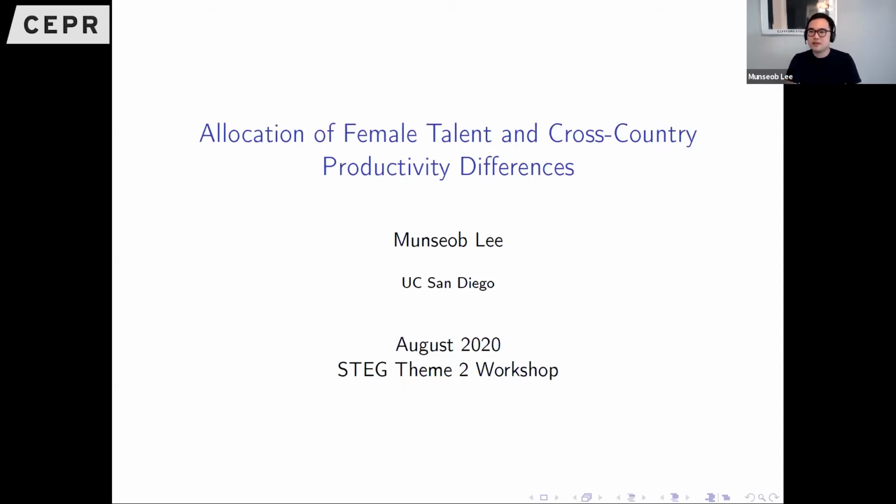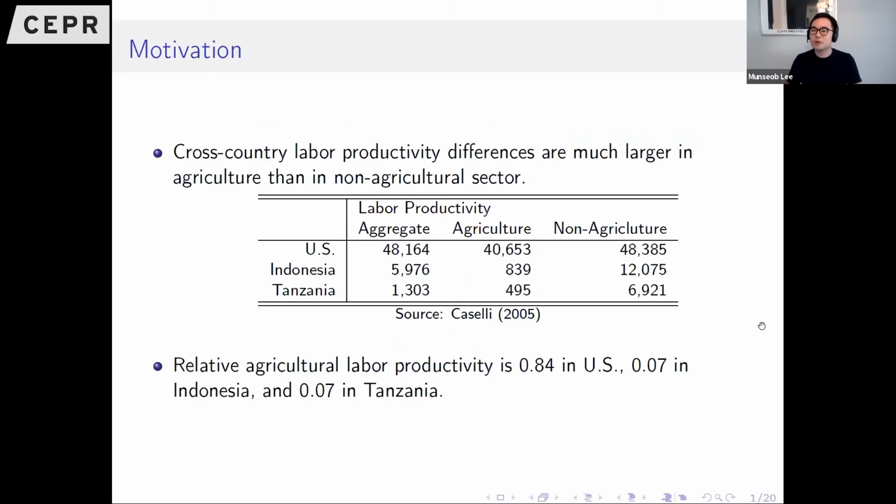In this presentation, I will talk about the agricultural productivity gap that was briefly mentioned during Rachel's presentation. The cross-country labor productivity differences are much larger in agriculture than in the non-agricultural sector. In the US, labor productivity in agriculture is $40,000, and in the non-agricultural sector it is $48,000.